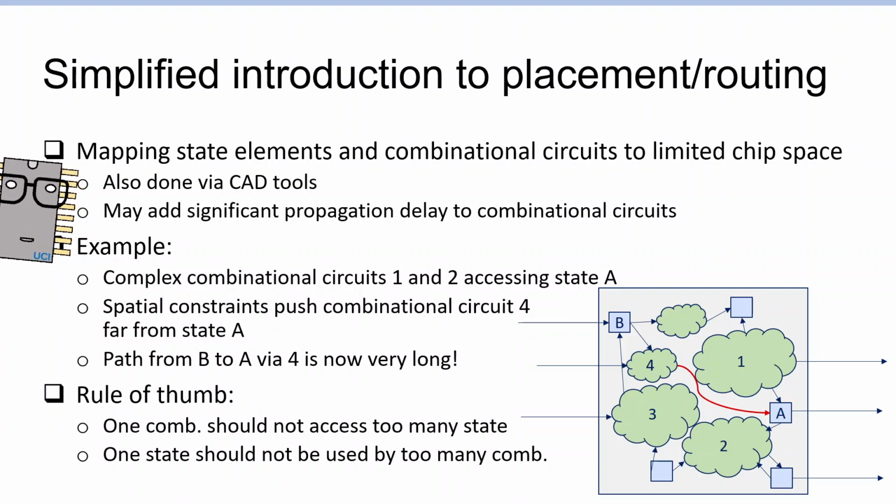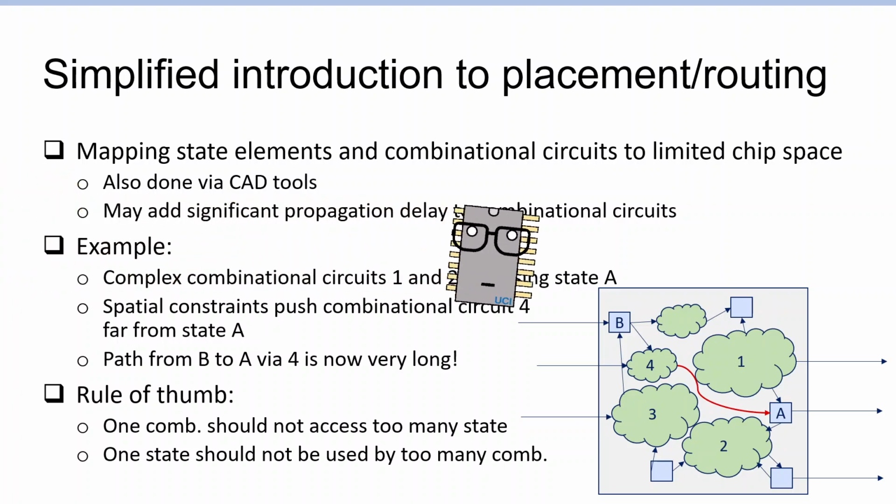So if we have a combinational or sequential circuit design which inherently doesn't seem to have too much going on in the combinational path, but the CAD tools complain that the combinational path is too long, sometimes that is an artifact of placement and routing optimizations.